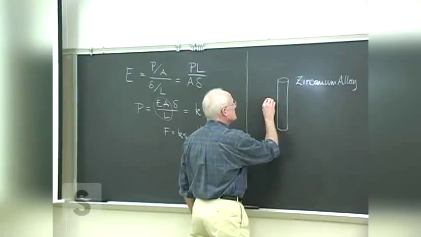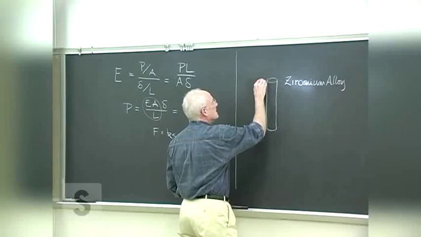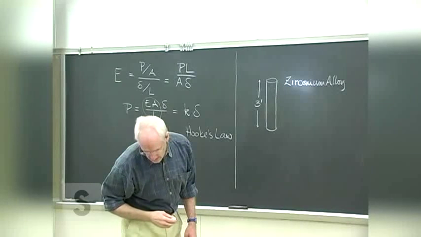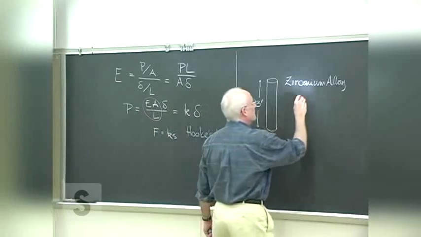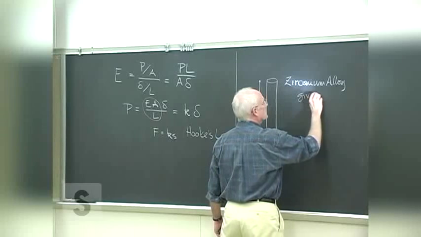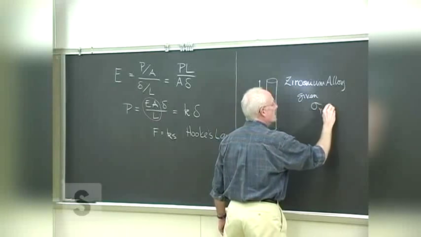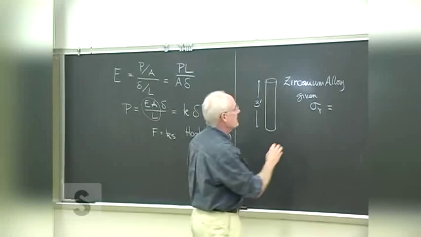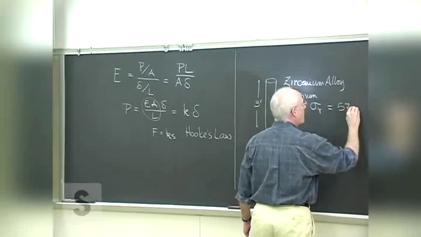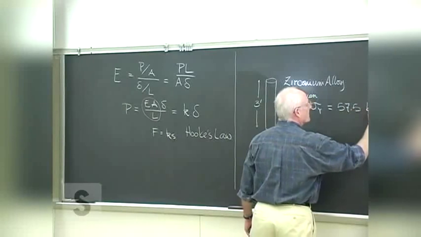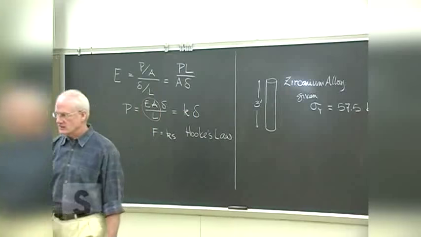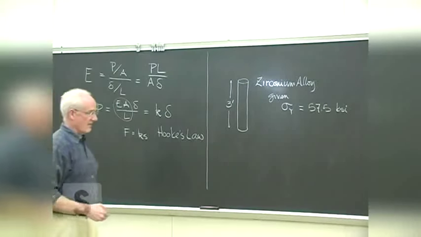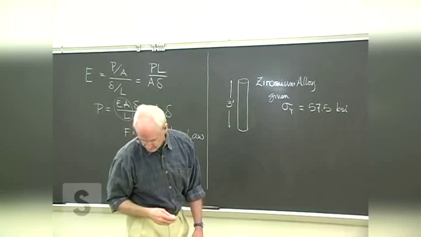So let's imagine this is 3 foot in length, and I want you to find the radius given a couple of things. The yield stress is 57.5 KSI. Remember, that's thousands of pounds per square inch. So this is 57,000 pounds per square inch.